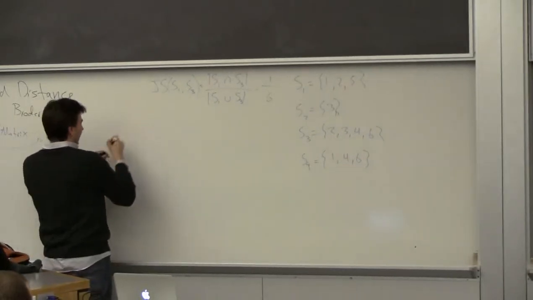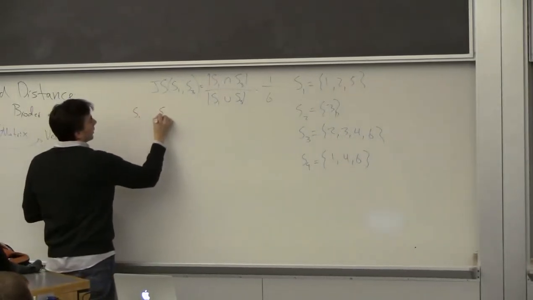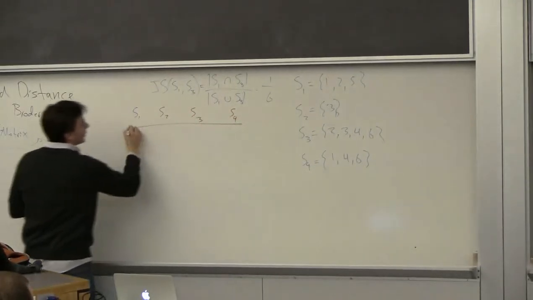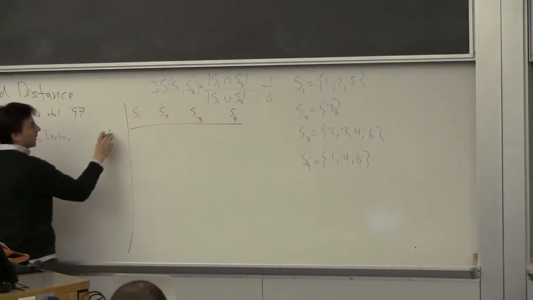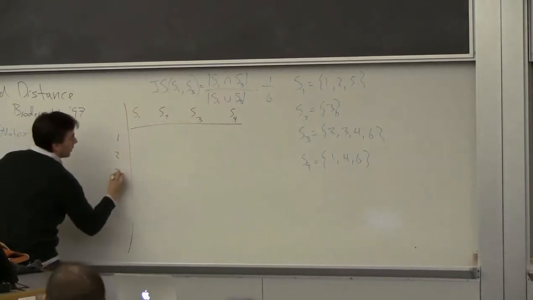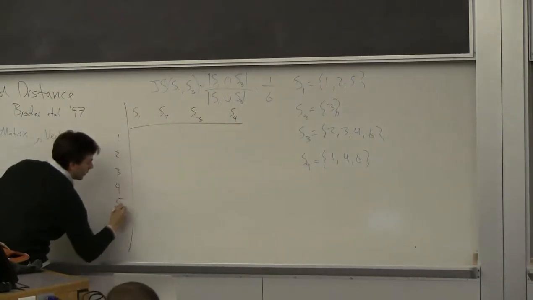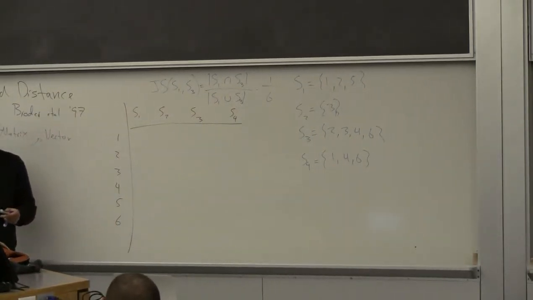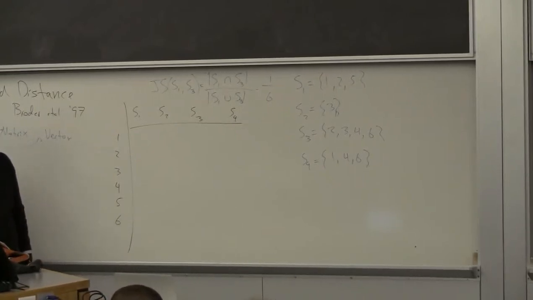So you're going to have sets S1, S2, S3, and S4. And then each row is going to correspond to one of the elements. All the matrix will store is a 1 if the element is in the set, and a 0 otherwise, right?